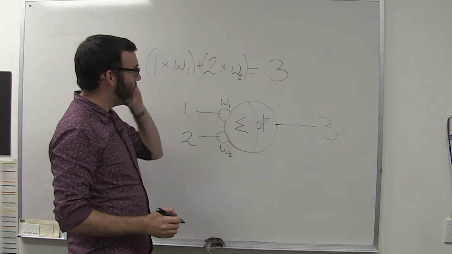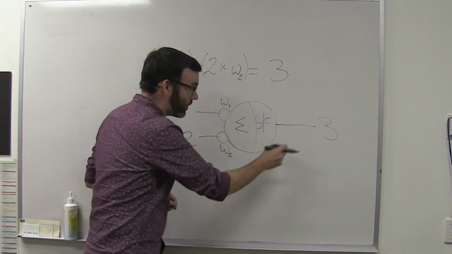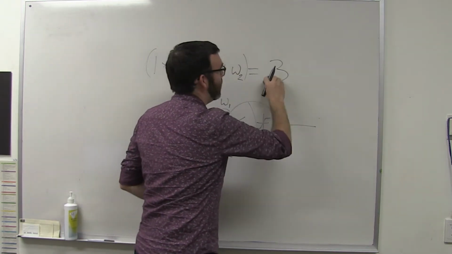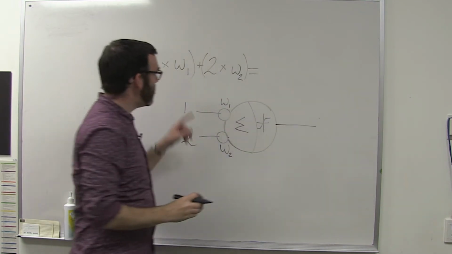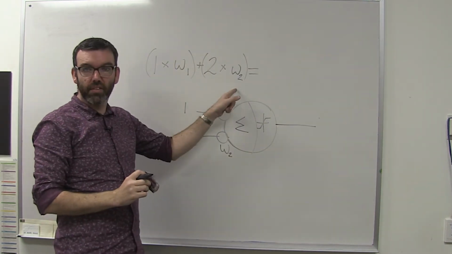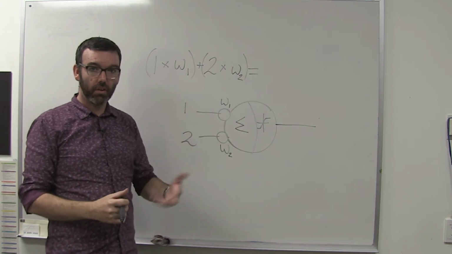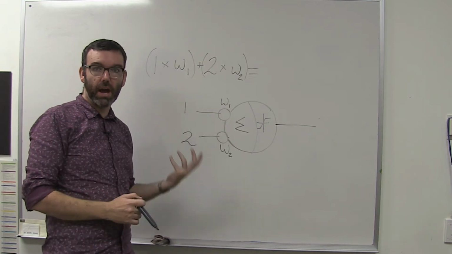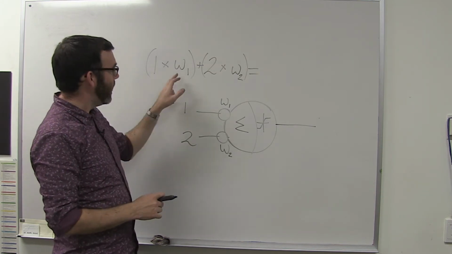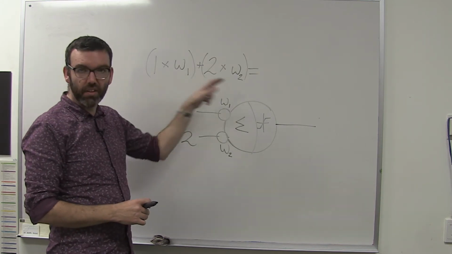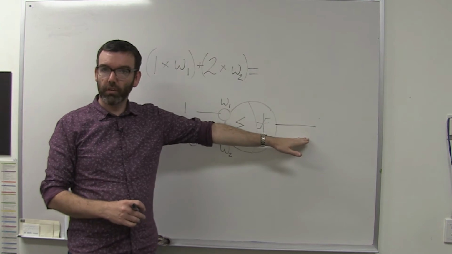In this instance, we're no longer just getting an output of 3. We're getting an output that is determined by the value of these weights. And this is where we start to add some advanced calculus and advanced functionality to our neural network, because now, if we modify these weights, we have control over whatever comes out at this output.